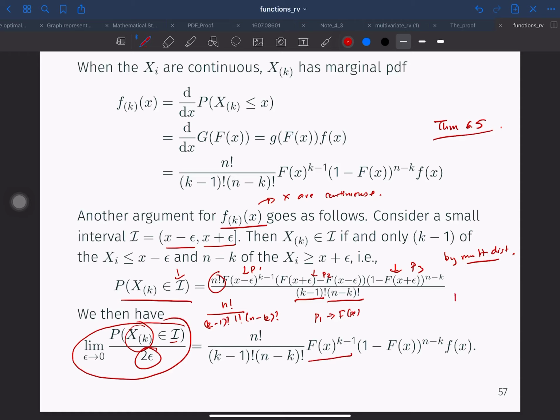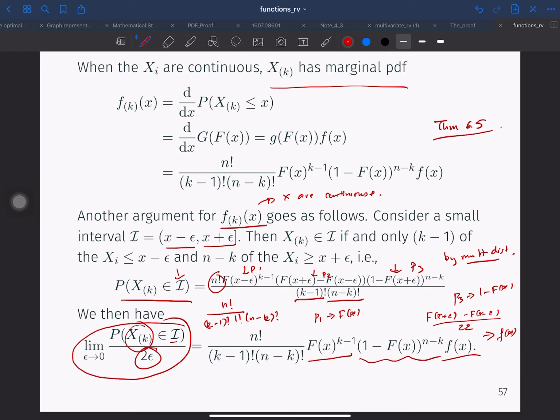The P3 will converge to 1 minus F(x), so you get (1 minus F(x)) to the n minus k. And the third one, which is F(x plus epsilon) minus F(x minus epsilon) divided by 2 epsilon, converges to little f(x). So that is what you have here. That is another way to derive the PDF for the kth order statistic.